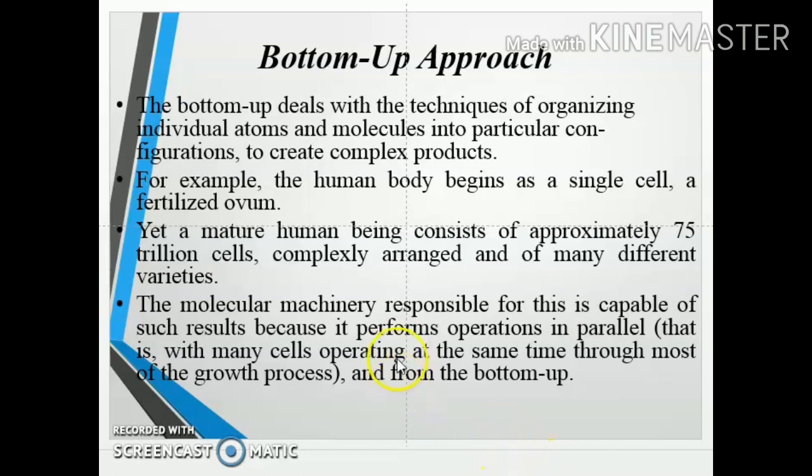The molecular machinery responsible for this is capable of such results because it performs operations in parallel and from the bottom up. So if we consider this operation, it is with many cells operating at the same time through most of the growth processes.